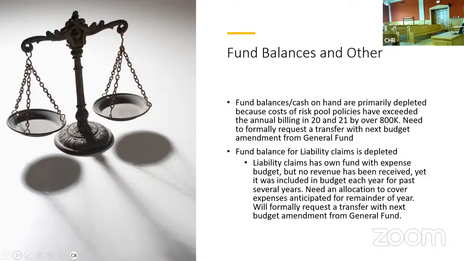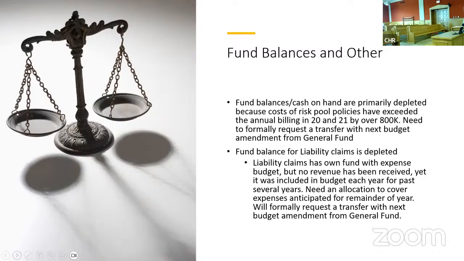And then the liability claims is its own fund. It was interesting too. It had been budgeted as an expense, but they were also budgeting revenue for that account, but it was never received. It had never received any revenue. When it was first started, 250,000 was put in there.